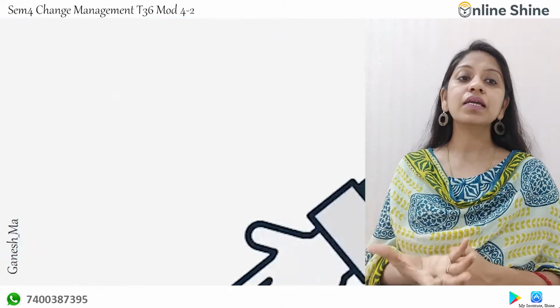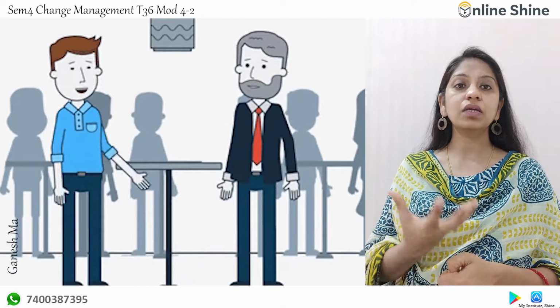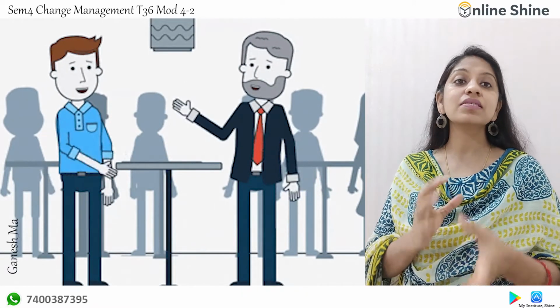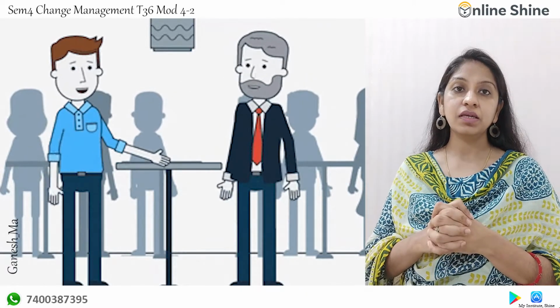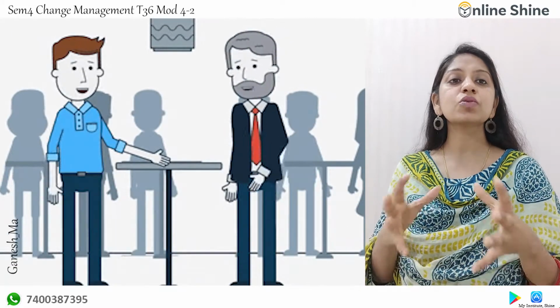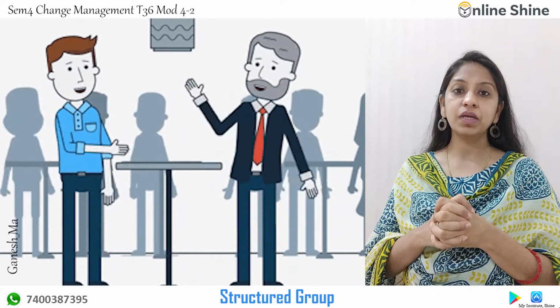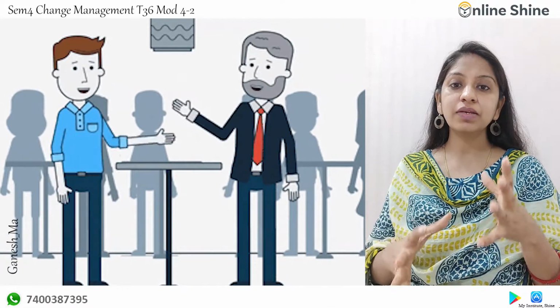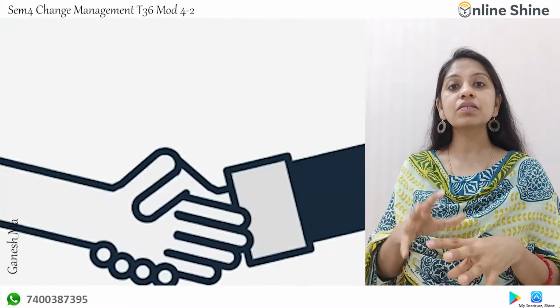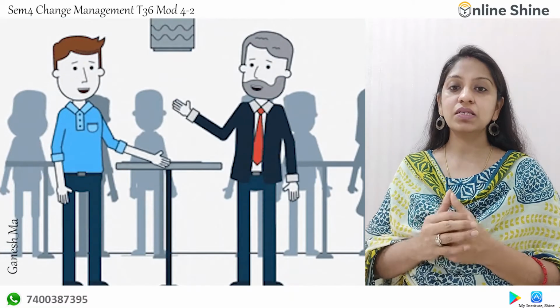Next is T group. So T group is what? T group is related to training group. It is also called sensitivity training. It is the latest OD technique. T group is a small unstructured group. Here it is not formal and informal. It is an unstructured group in which members learn from their own interaction.